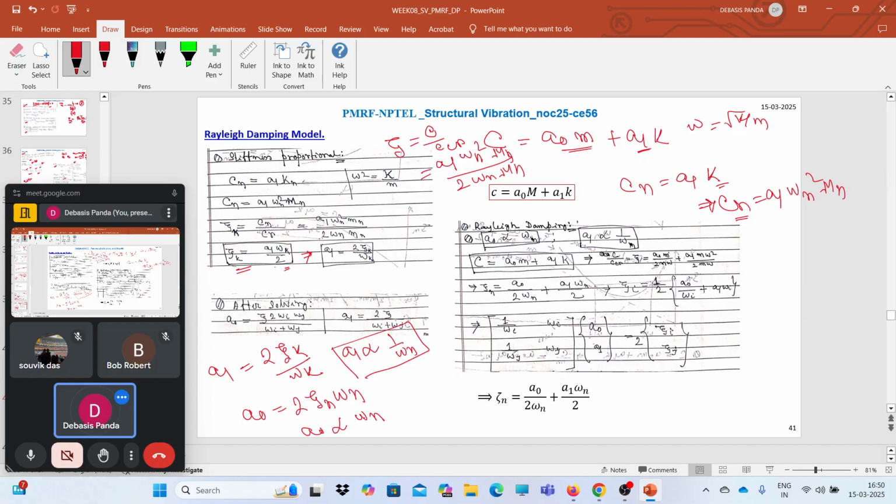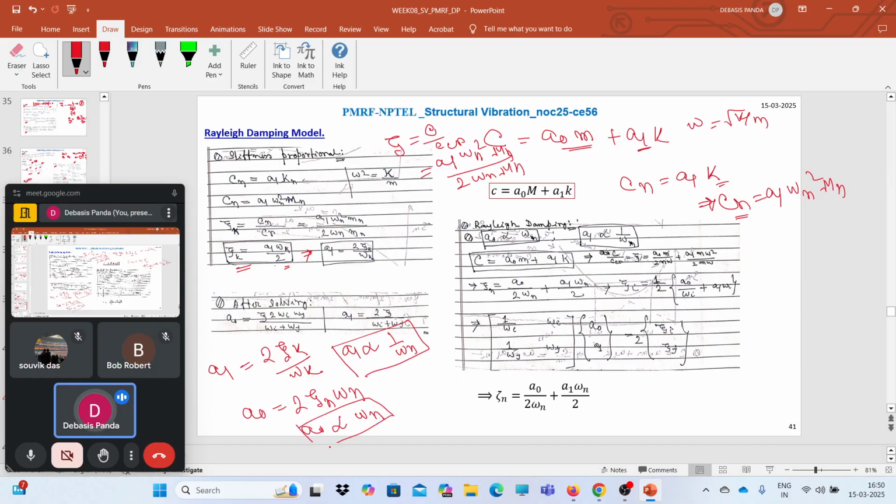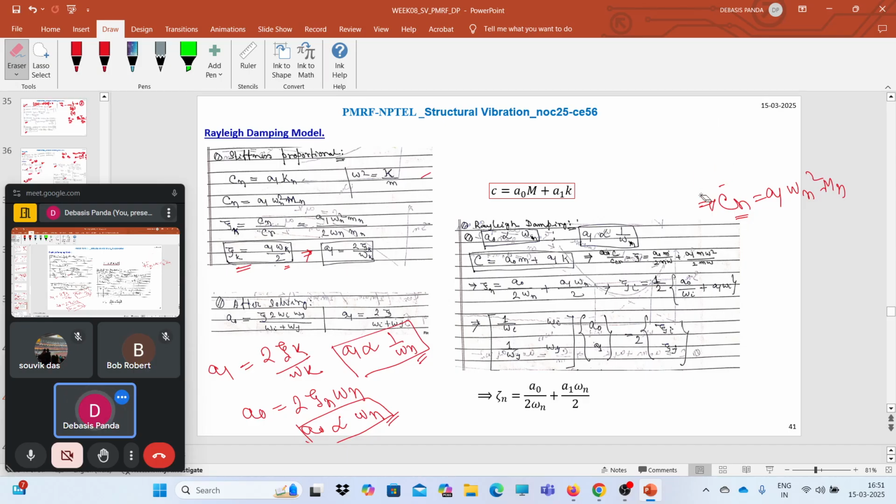That means the mass dependency is directly proportional to the natural frequency, while the stiffness dependency is inversely proportional to the natural frequency. Now, if we want to construct this model with respect to these frequencies and coefficients, the model will look like this.